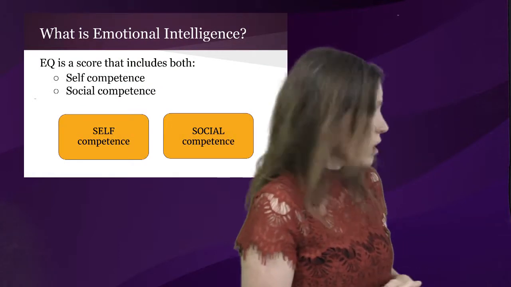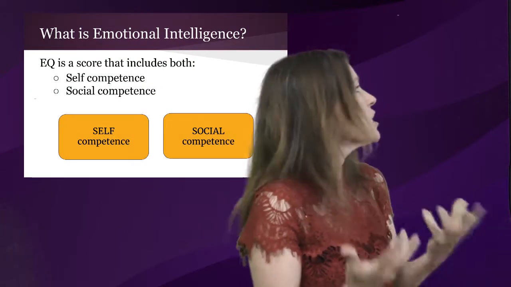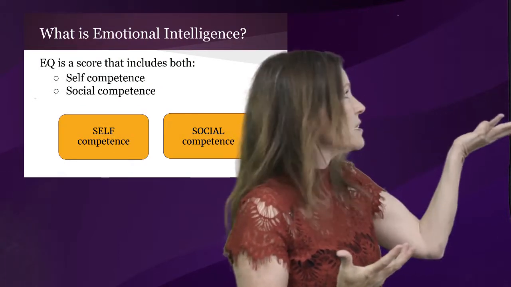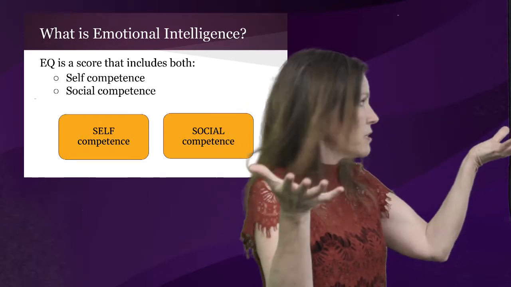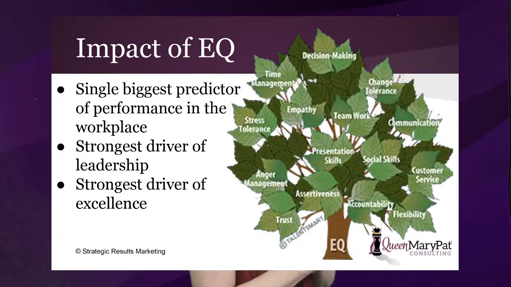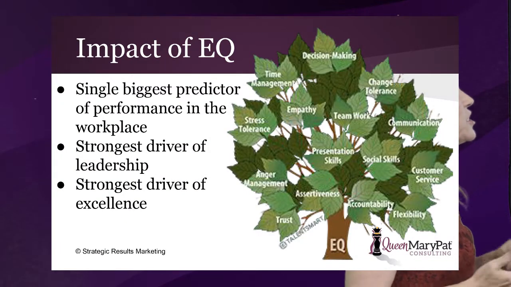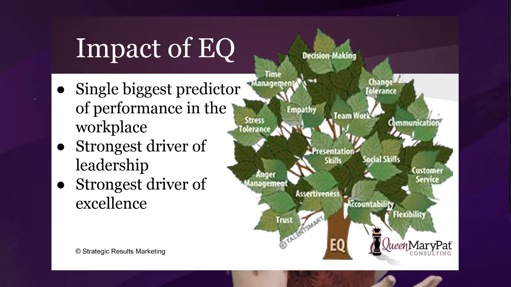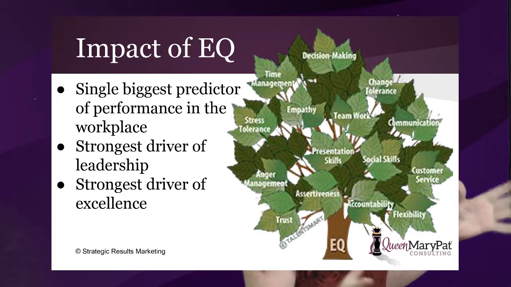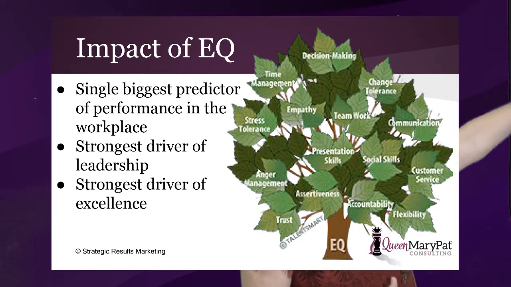Emotional intelligence is a score that is a combination of both self-competence and social competence. The impact of emotional intelligence is huge. It affects your decision making, your tolerance of change, communication, customer service, social skills, presentation skills, anger management, and a lot of your executive functioning skills.